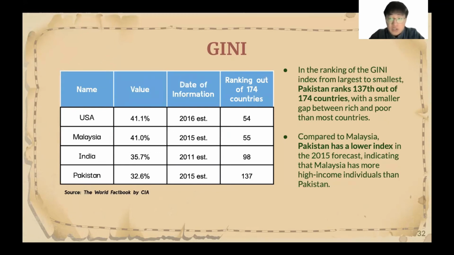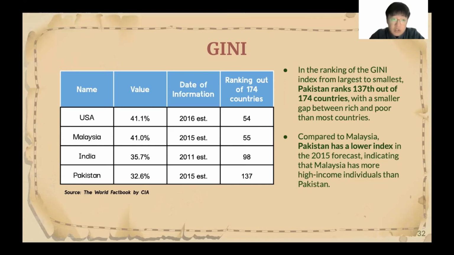Continuing with the Gini, we rank the Gini index from largest to smallest based on the World Factbook by the CIA. It shows that Pakistan ranks 137th out of 174 countries, with smaller gaps between rich and poor than most countries.